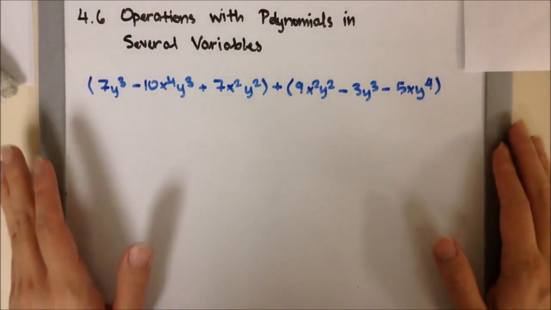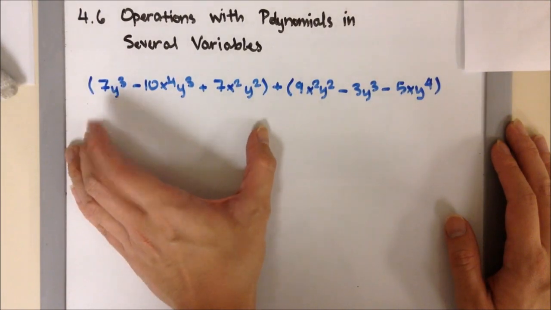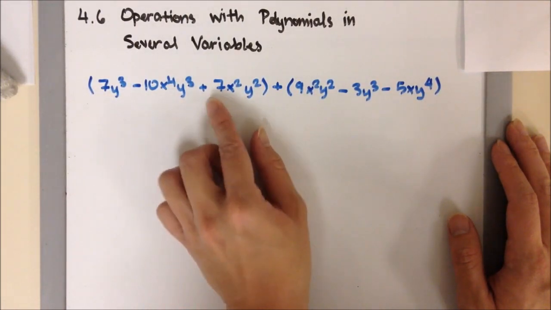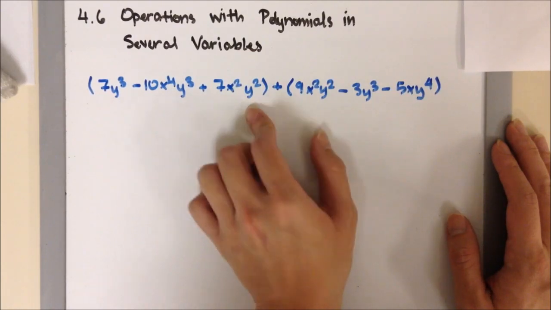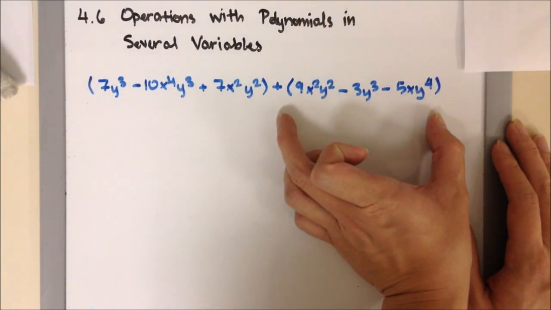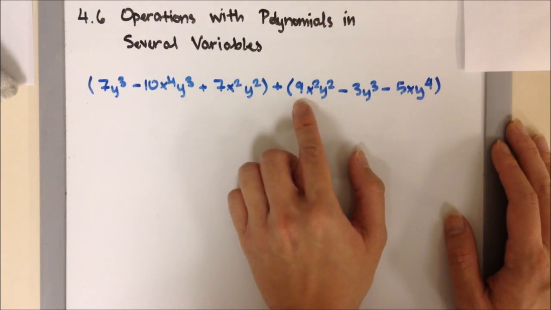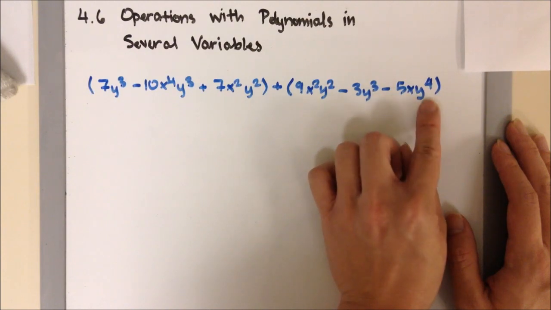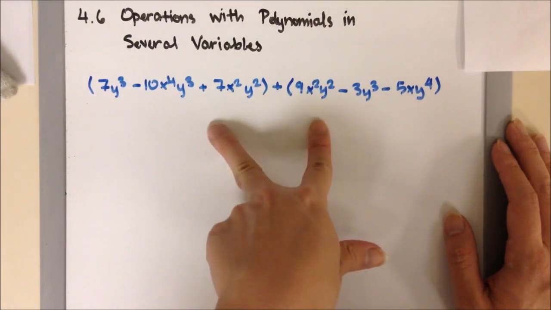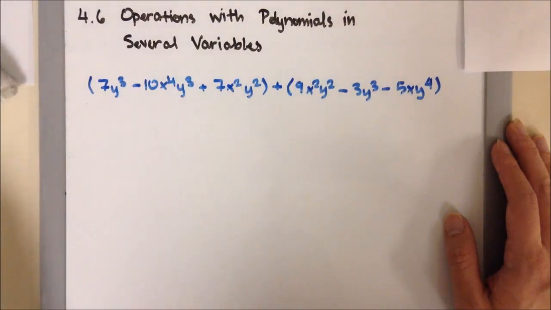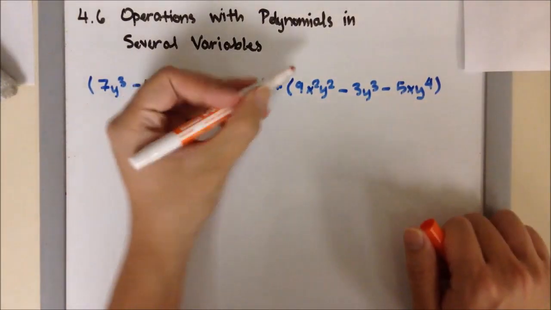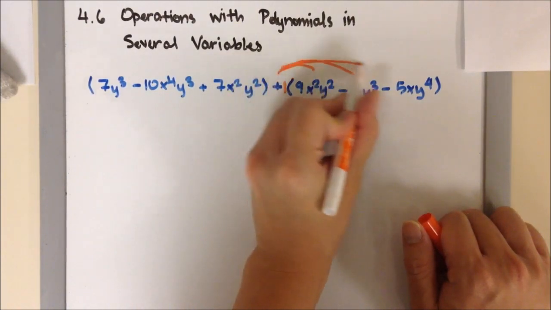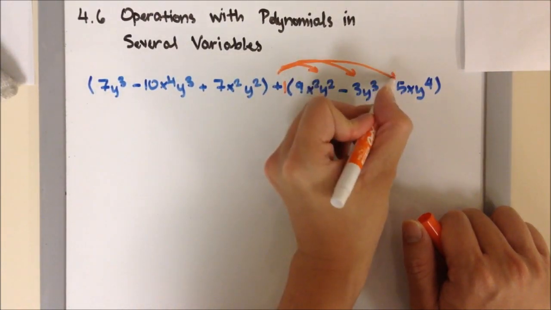In this example, in the first set we have 7y to the third minus 10x to the fourth y to the third plus 7x squared y squared, and then in the second set of parentheses, it's 9x squared y squared minus 3y to the third minus 5x y to the fourth. And these two are being added together. So just like in the previous section, I'm going to distribute my plus to everything here. So the second set will not change much.